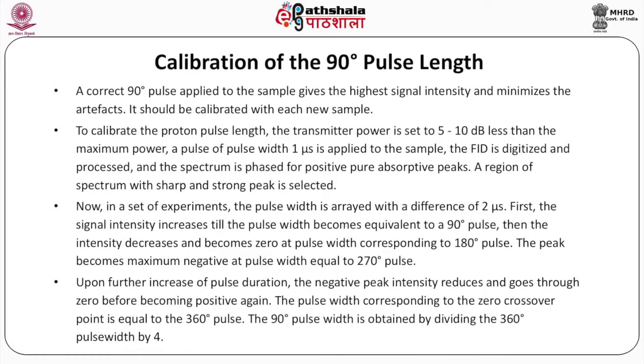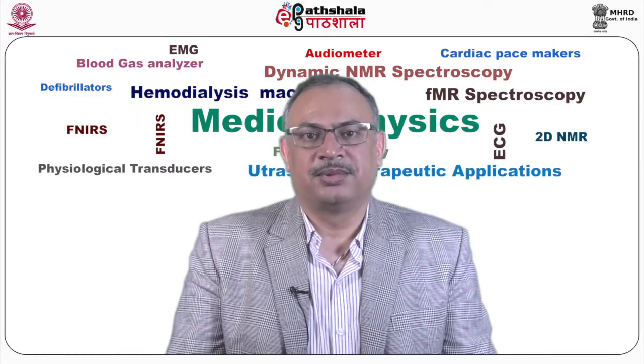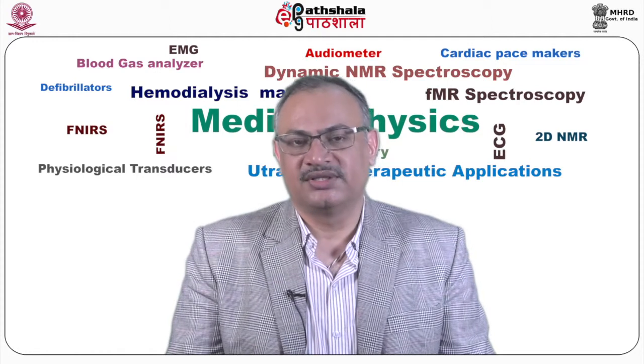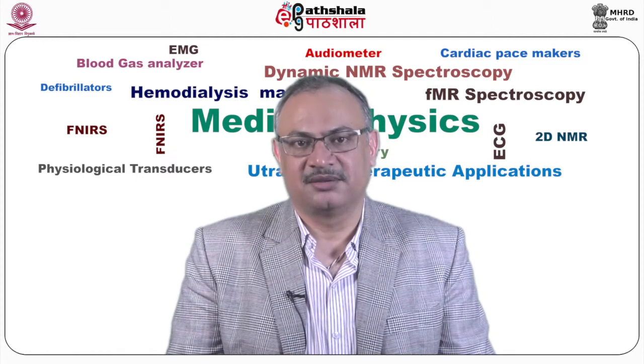Then it again starts decreasing, and upon further increase of pulse duration, the negative peak intensity reduces and goes through 0 before becoming positive again. The pulse width corresponding to the 0 crossover point is equal to the 360-degree pulse.